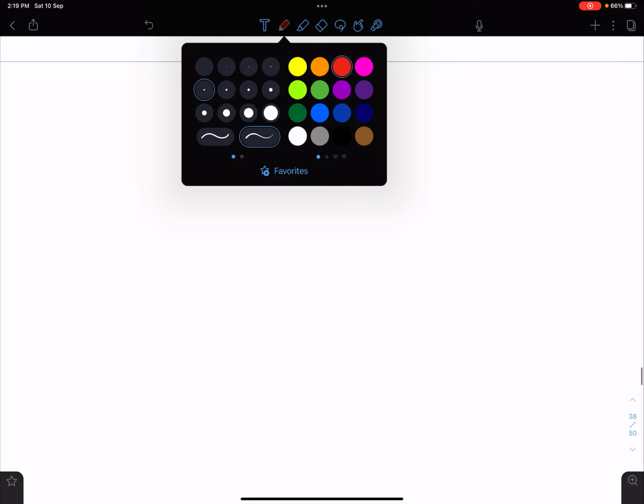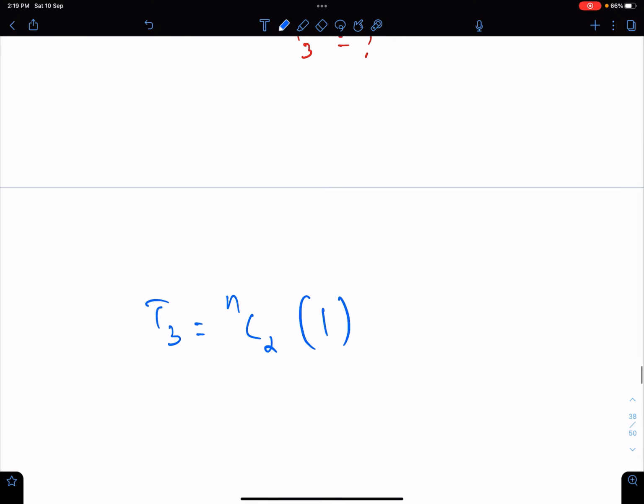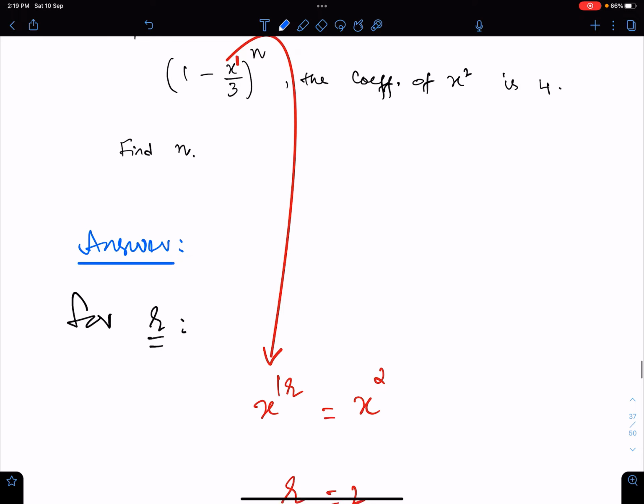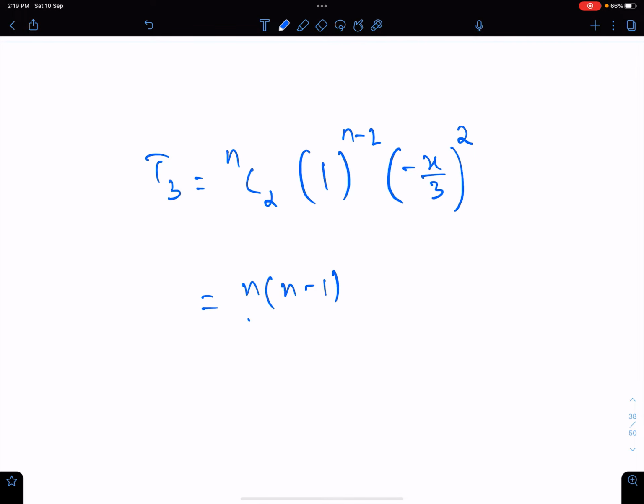So T3. It should be nC2, a, which is 1 power n minus 2, and b is negative x upon 3. Make sure you take b with its sign while using the Tn formula. And this 2 is here. So nC2 is n(n minus 1) over 2 factorial.